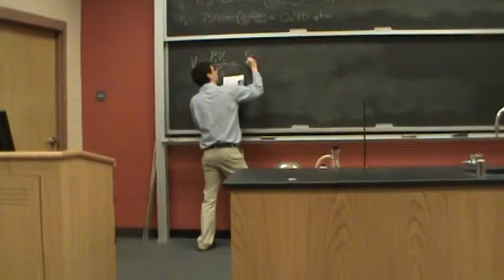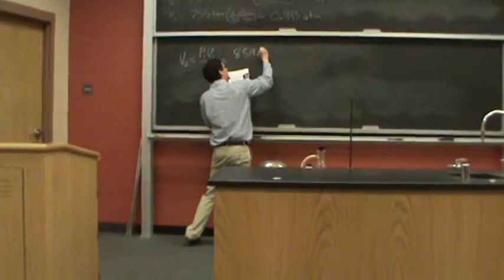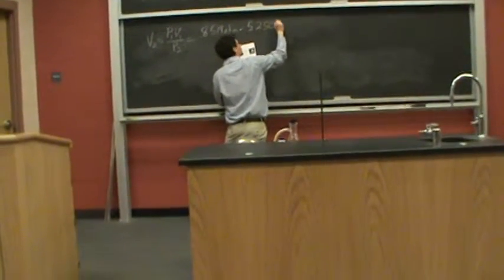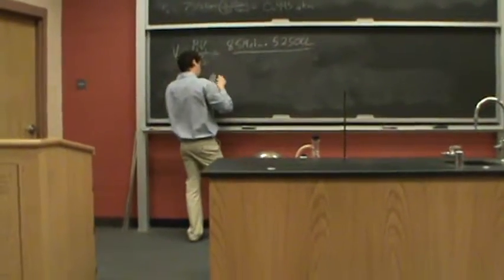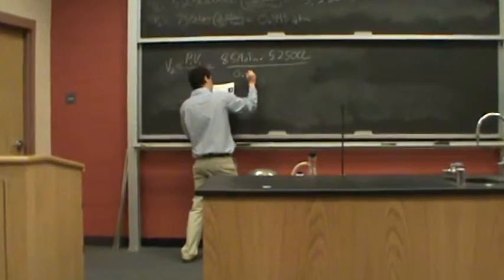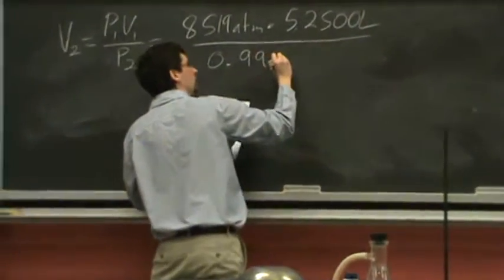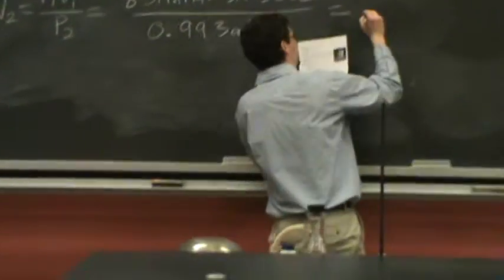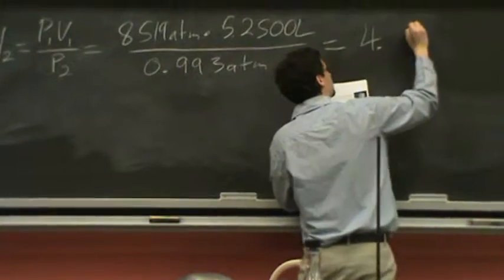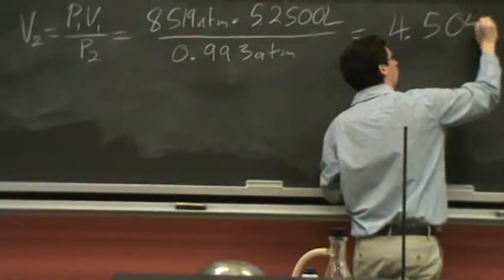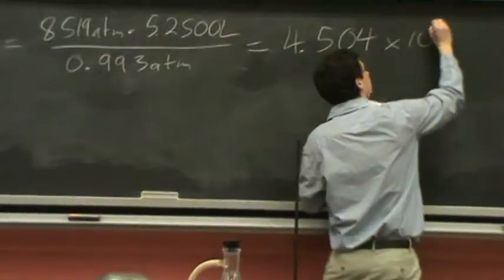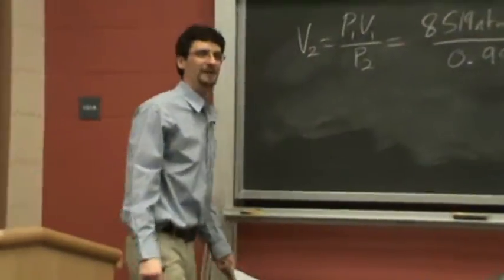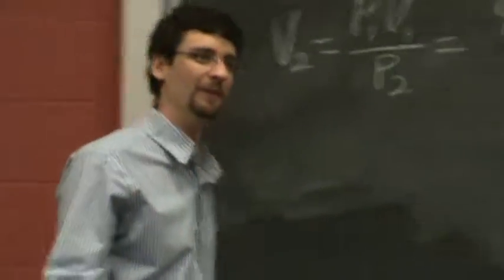Let's plug in our variables: 8,519 ATM times 5.2500 liters, all divided by the pressure of the room, 0.993 ATM. When you multiply that all the way through, you end up getting 4.504 times 10 to the 8th liters. That volume is much greater than that of the room.